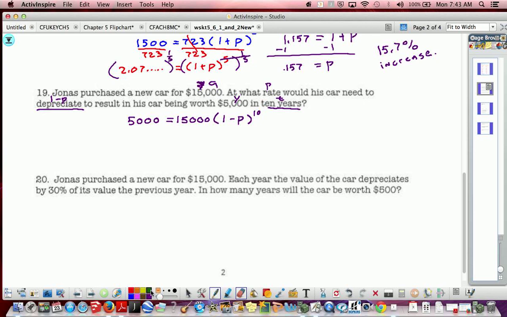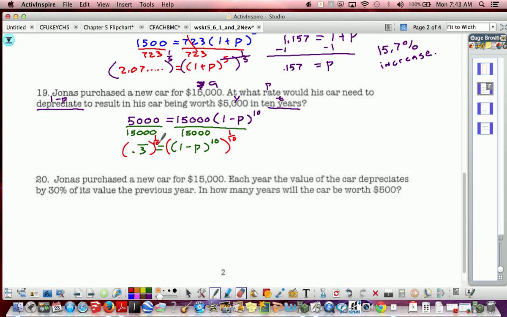So divide both sides by 15,000. So this one's done exactly like the previous one. So I get 0.3 repeating equals (1 minus P) to the 10th power. So to get rid of the 10th power, we raise to the 1 over 10th power.